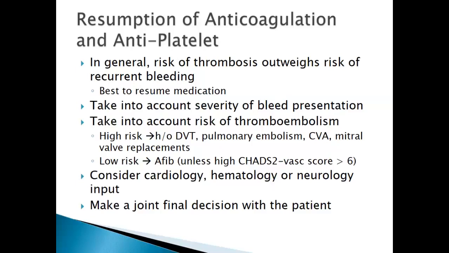You're more likely to resume with the latter. Then take into account the risk of thromboembolism: a high-risk indication, like a history of blood clot, pulmonary embolism, CVA, or mitral valve replacement, versus a low-risk one, generally AFib unless their CHA2DS2-VASc score is greater than 6. You can consider cardiology, hematology, or neurology input as well, but ultimately the risks and benefits should be discussed with the patient and a joint decision made.